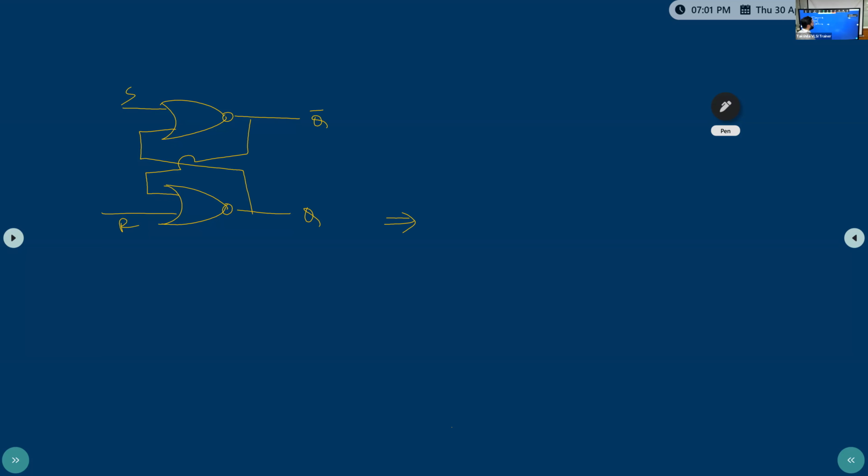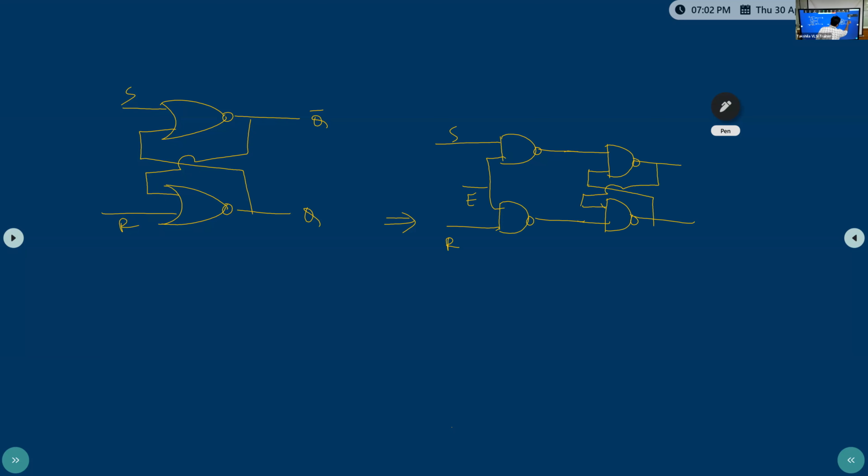When we replicate the same output, how does it come? This circuit in NAND representation we implemented like this.